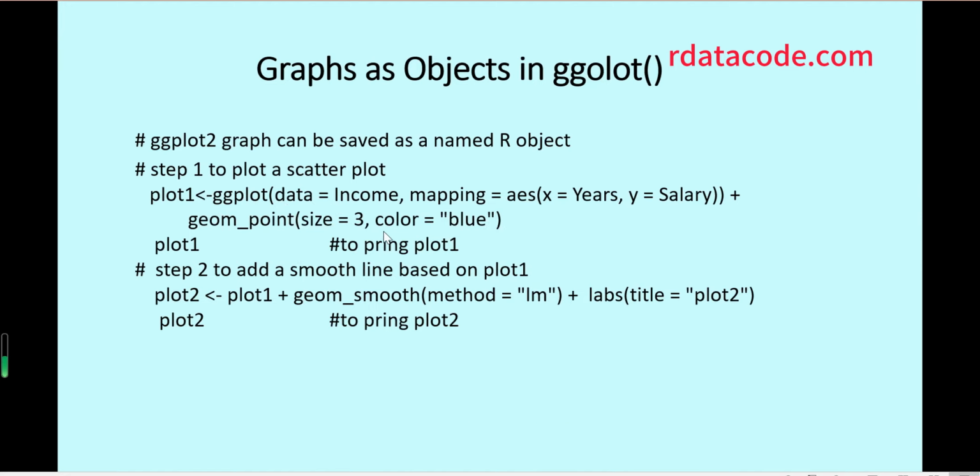We can use this saved object, then chain a new function. This function adds a smooth line. Then we also add labels with a further chained function, then save to a new object. Then you can just print this object's name to plot.